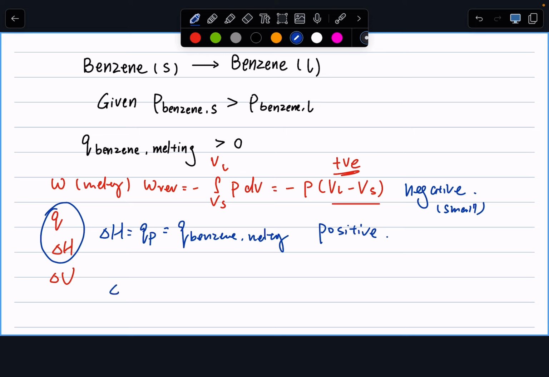And then we can use our first law of thermodynamics, delta U equals Q plus W. Since in this case my W is going to be a very small number, my delta U is expected to be a positive number. All right. No calculation, just simply using the definition of the terms and also what we know about these processes to answer the question.